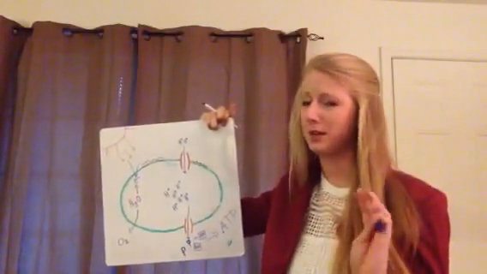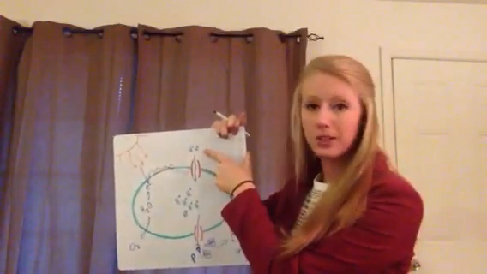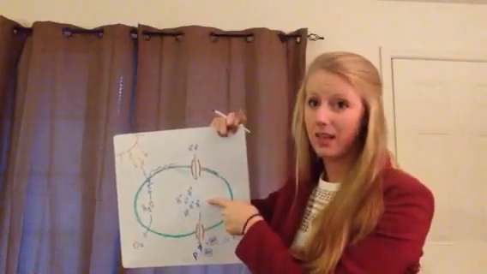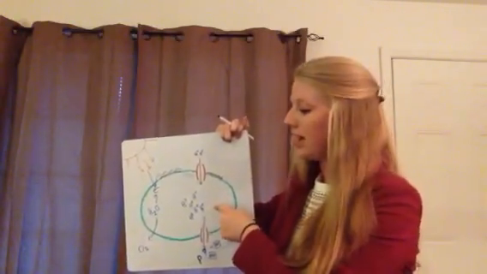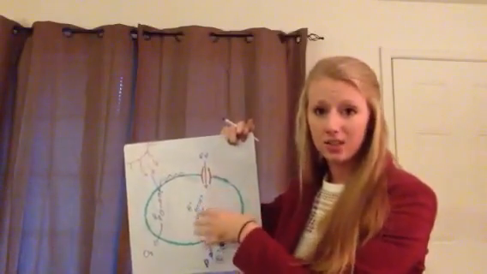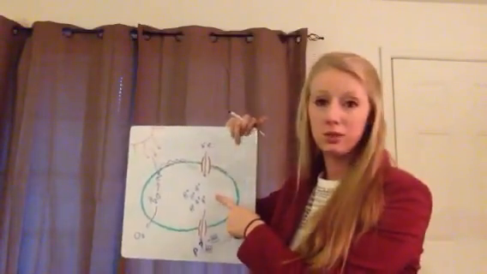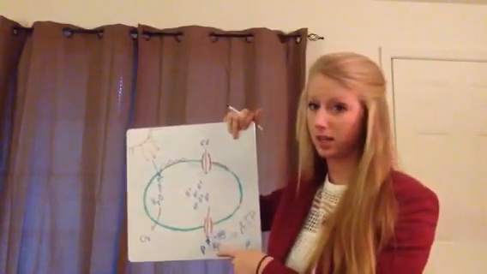Let's stop and review. I know that was a lot of things at one time. So we've got our hydrogen protons going through active transport into the cell, low to high concentration. Now that we've got a very positive concentration in here, these protons are going to want to diffuse down the gradient to go from high to low concentration.